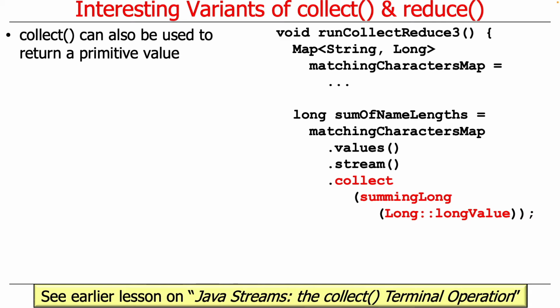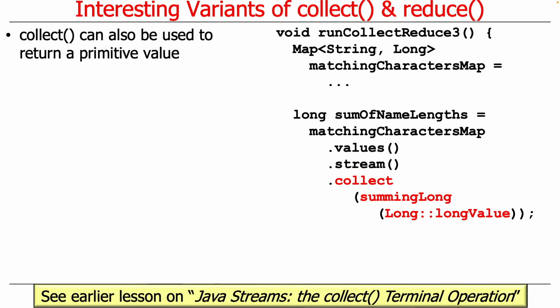We create the values collection, turn it into a stream, and then we collect the results using summing long, which is going to take all the elements in the stream and sum them together using this particular conversion operation, which will convert the long, capital L, elements in the stream to the single lowercase value long result. So that's how we can sum things up into a single primitive using collect.